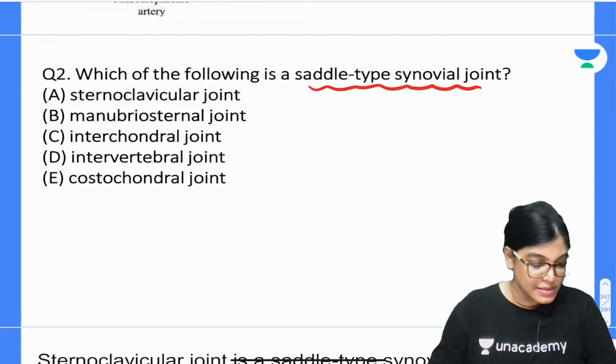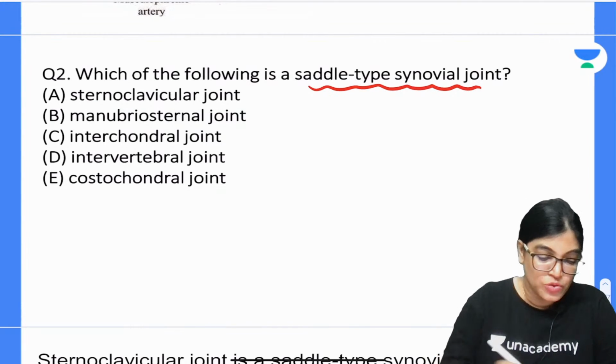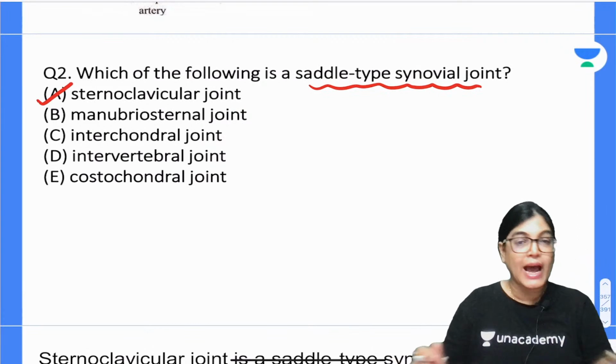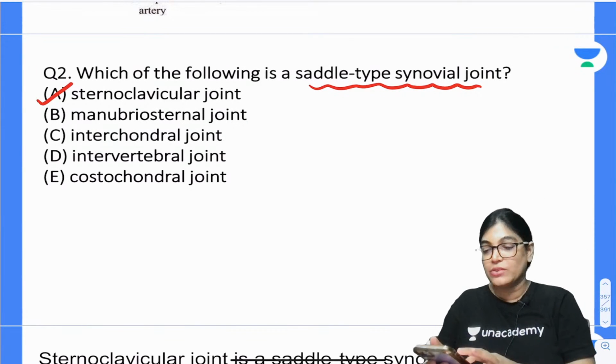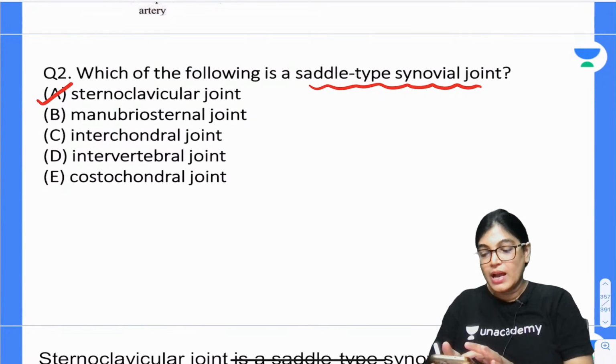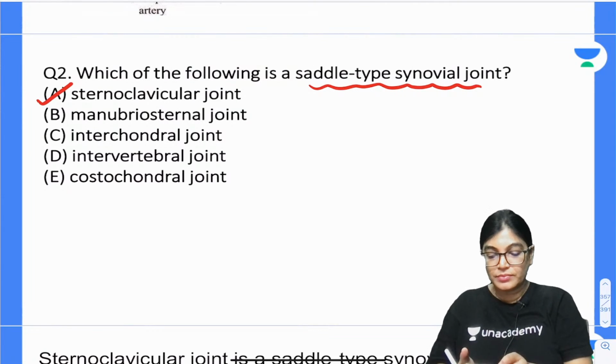So, I am getting answers. Okay, sternoclavicular joint. So, absolutely right. All of you are absolutely right that the saddle type of synovial joint is the sternoclavicular joint.